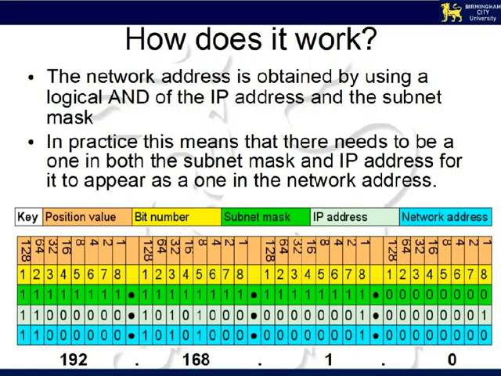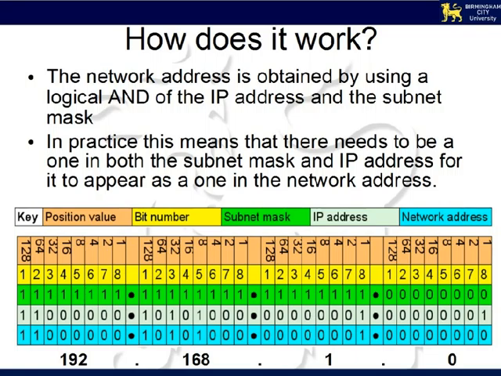If we look at bit position 2, we find that we also have two 1s, one in the green row, one in the white row, the result being 1. However, for bit position 3, we find that we now have a 1 in the subnet mask but a 0 in the IP address. This means the result will be 0.